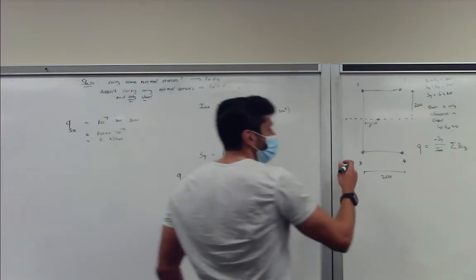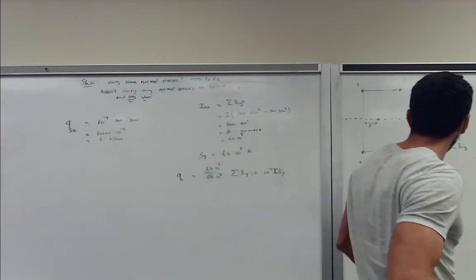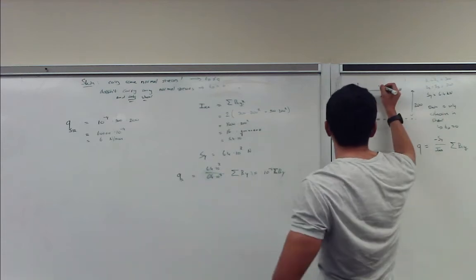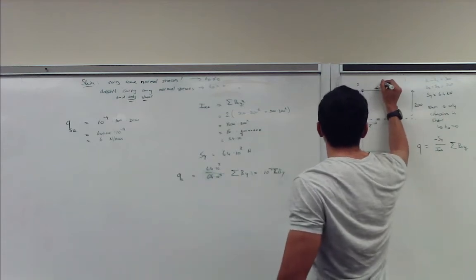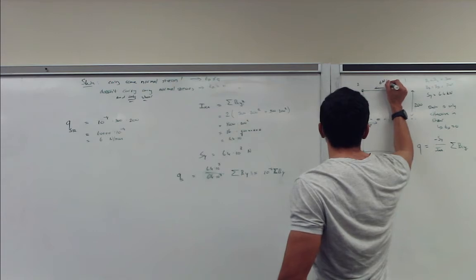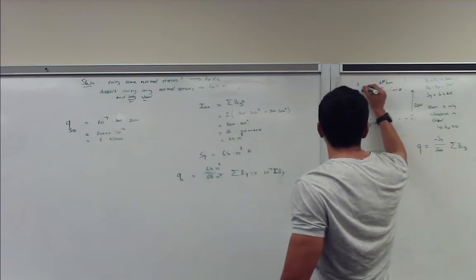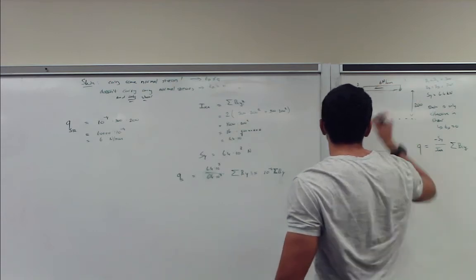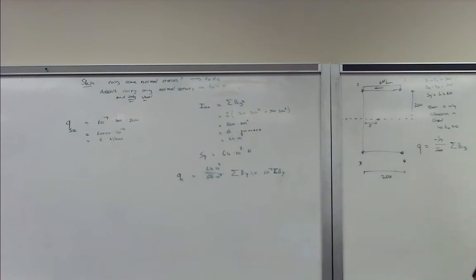And what we know is that at this location, this segment is equal to 6 Newton millimeter, and it will remain constant. So the shear flow does not change until we pass another boom area.